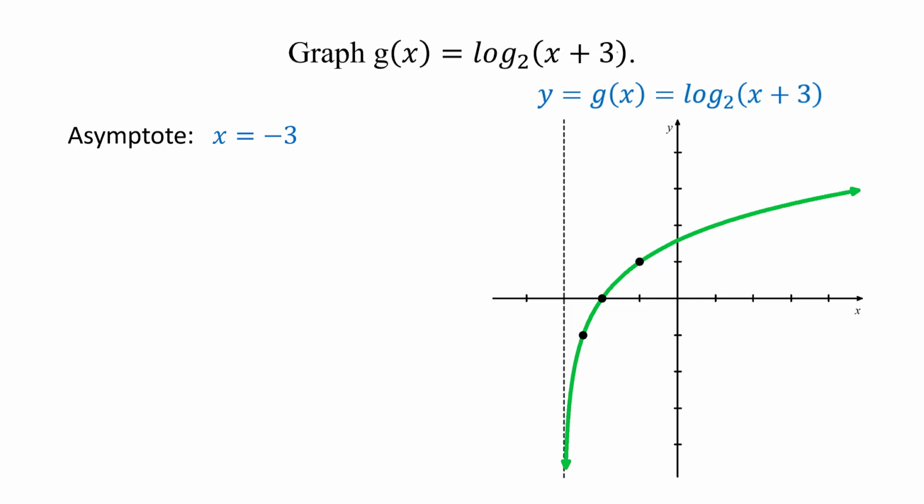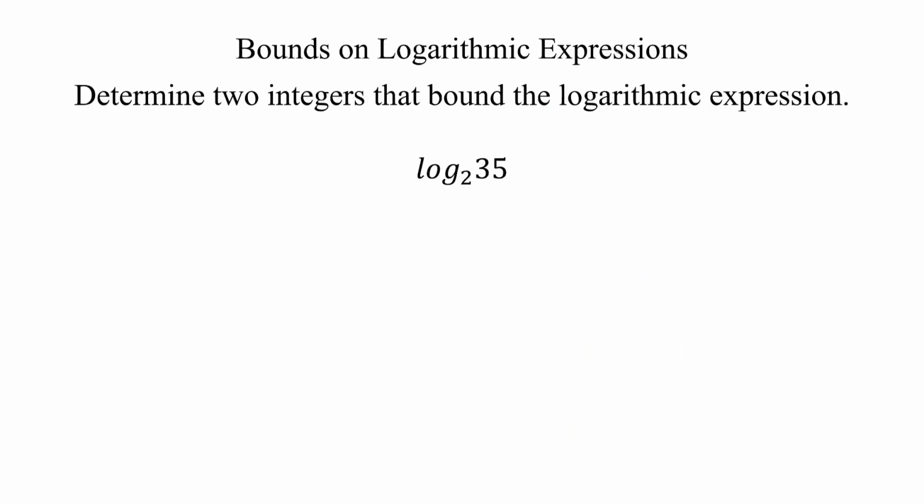So we now have a vertical asymptote, x equals -3. The domain changes a little bit as we shift to the left by 3 units. We now have the domain of -3 to infinity, not including -3. The range stays the same, all y values, or -infinity to infinity.